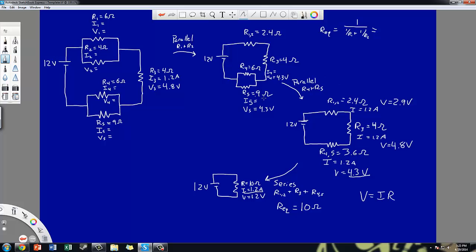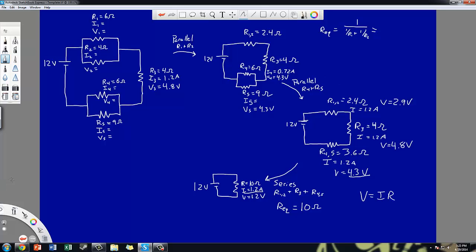Okay, so now I can find my current. Again, I go back to the equation V equals IR. If I know that V is 4.3 and I know that my R in the case of R4 is 6, I do 4.3 divided by 6 and I get about 0.72, so 0.72 amps. If I look at I5, I know that V is 4.3.